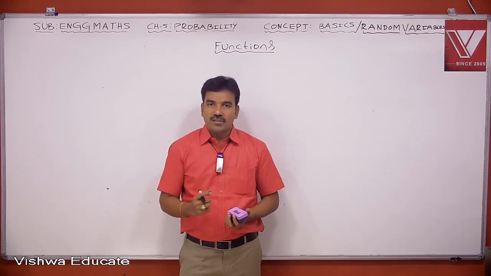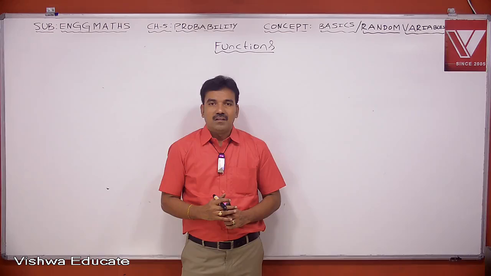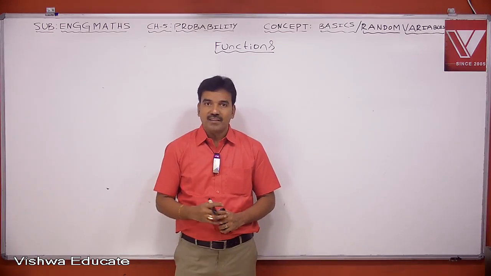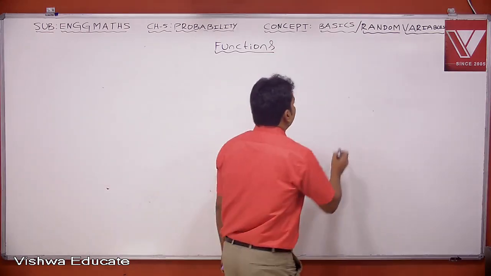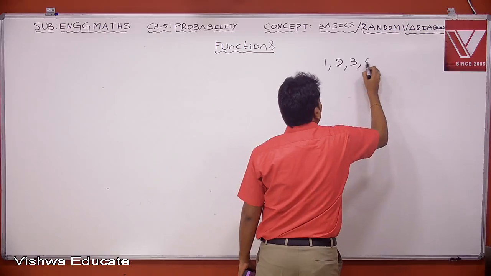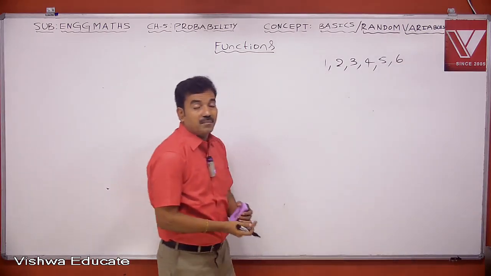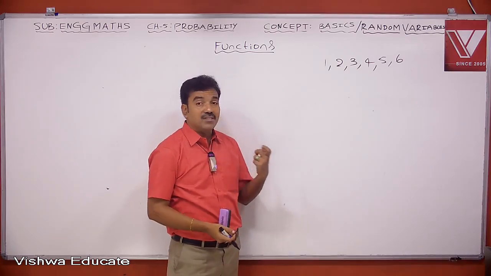Let me ask you one simple question. Suppose a student is ready to appear for a semester examination involving 6 subjects. So for example, subject 1, subject 2, subject 3, 4, 5, 6.